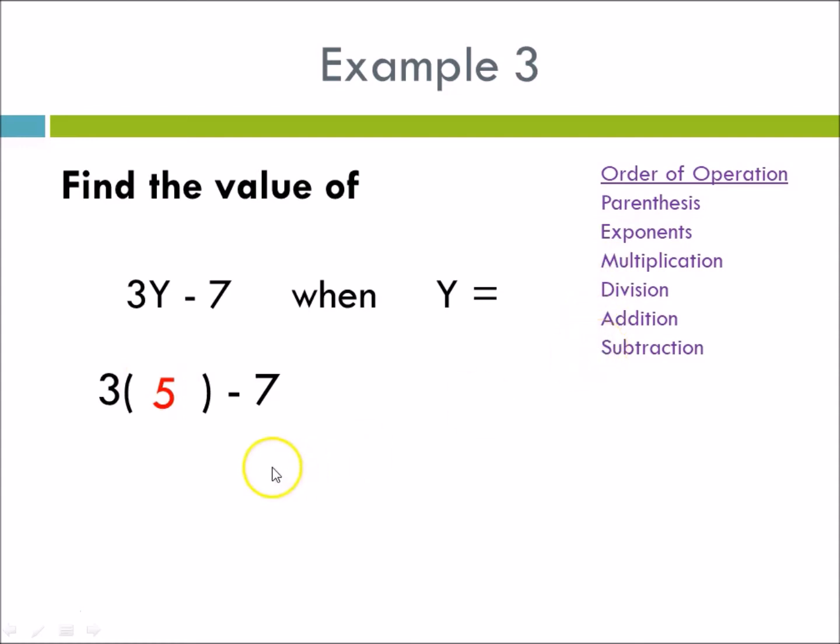So this just becomes multiplication. Then it becomes 3 times 5, which is 15. And then I copy my minus 7. So I do 15 minus 7, which is equal to 8 as my answer.